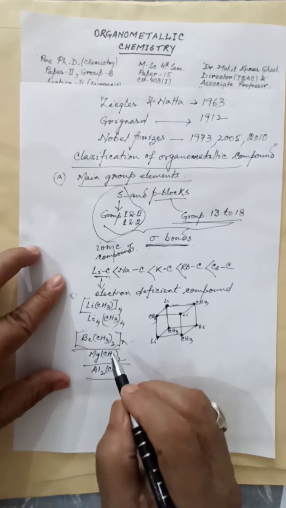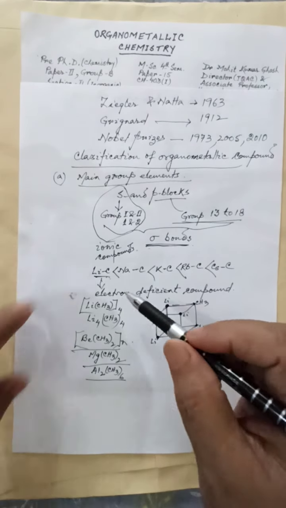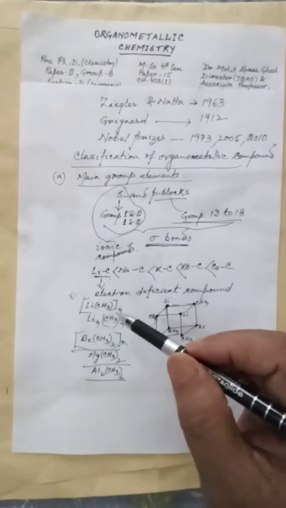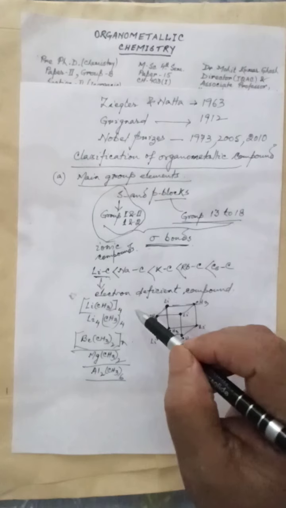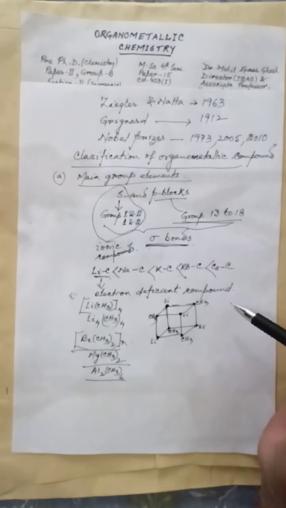So this alkali metal, lithium, also falls in the group of electron deficient compounds.